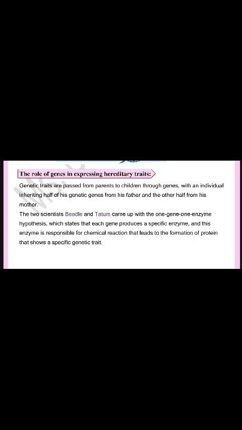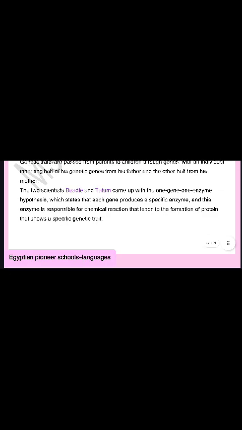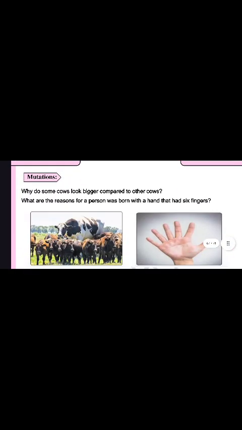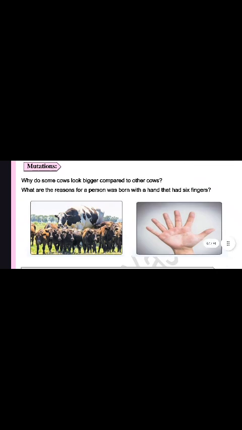Two scientists, Beadle and Tatum, came up with the one gene, one enzyme concept, which states that each gene produces a specific enzyme. This enzyme is responsible for a chemical reaction that leads to the formation of a protein, showing a specific genetic trait.